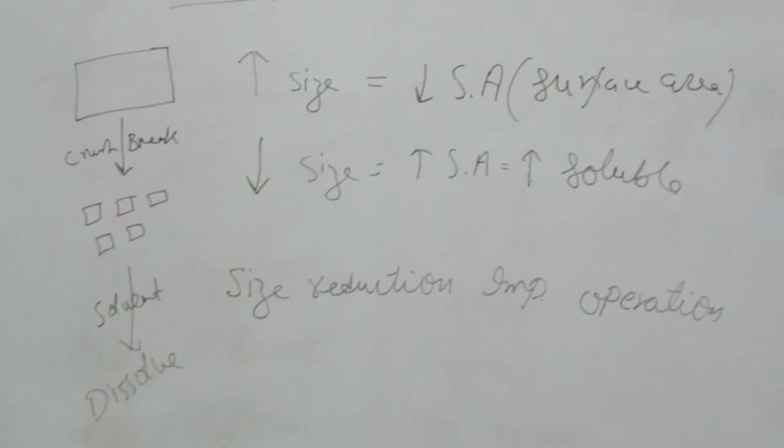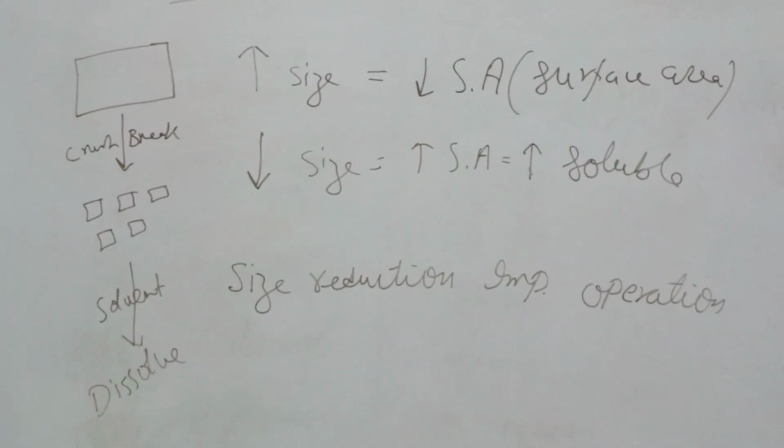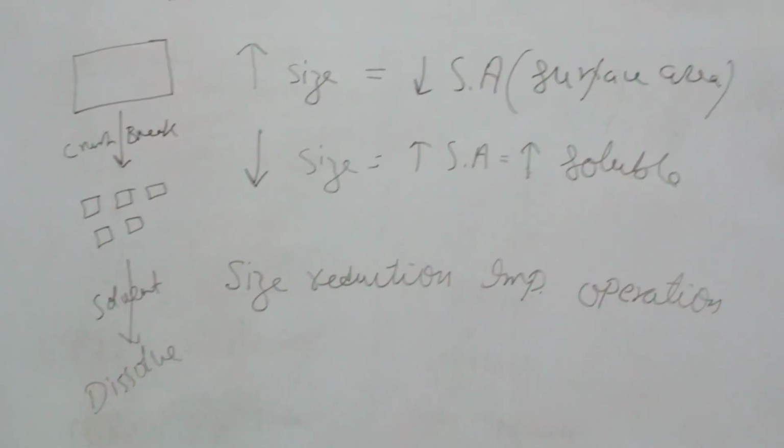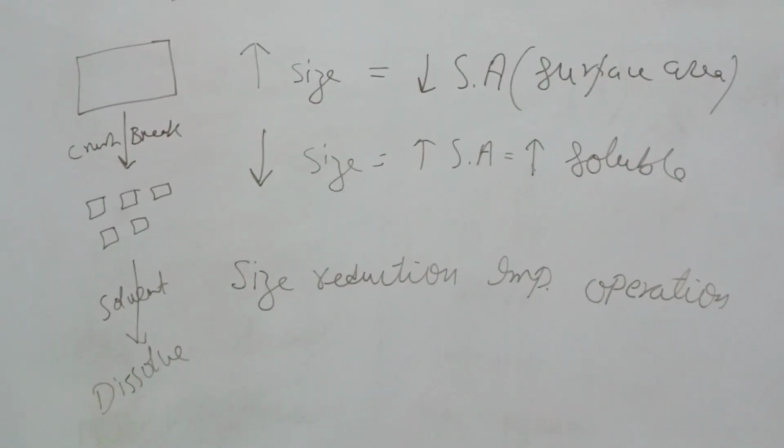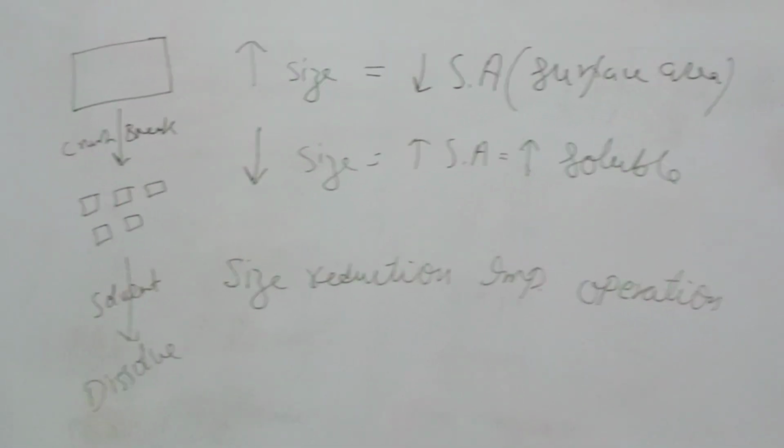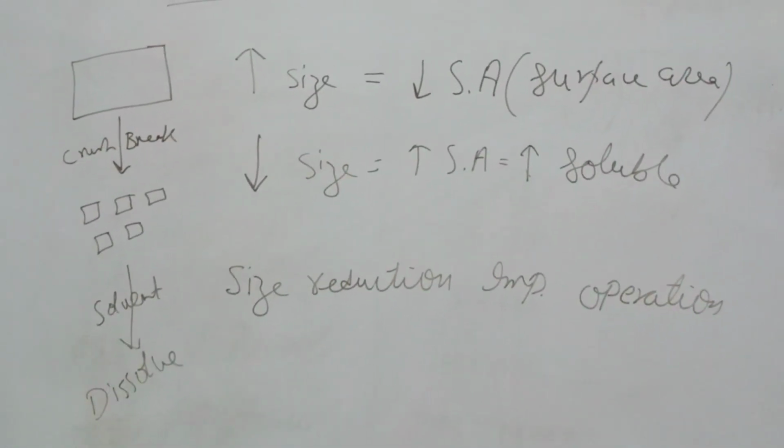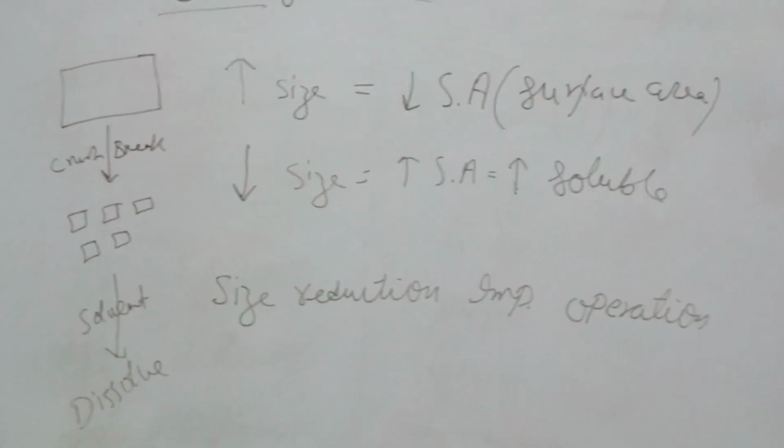So the smaller blocks pass very well into the solvent compared to the larger block, and the reason behind this is the surface area.